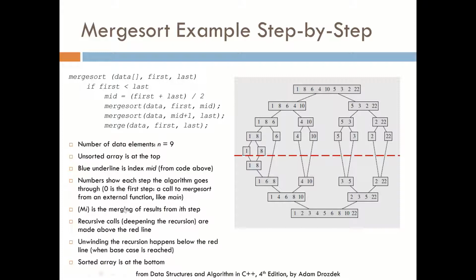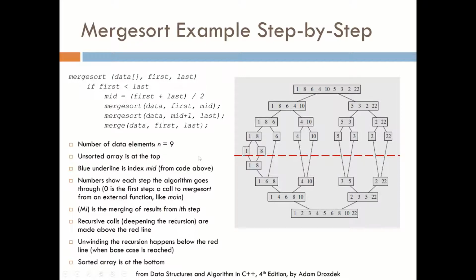If we see m followed by a value, that is the merging of the results from the ith step. And again, I will point that out as I explain the behavior of the algorithm.